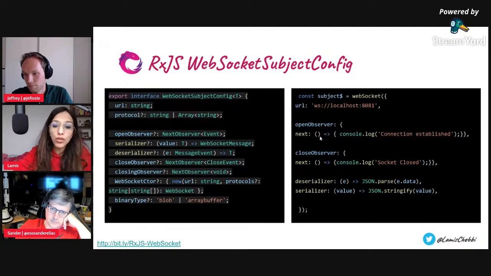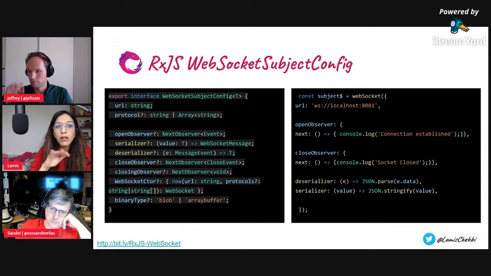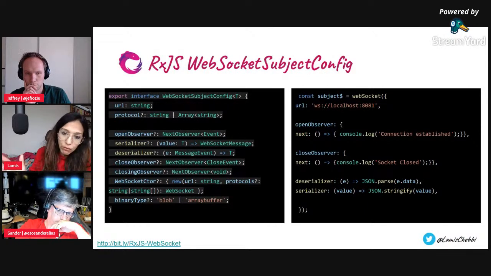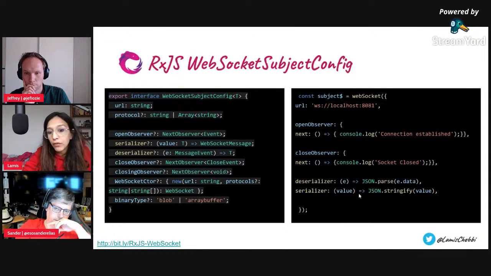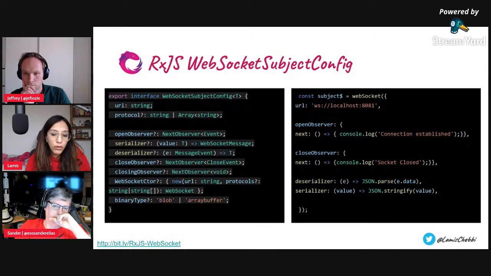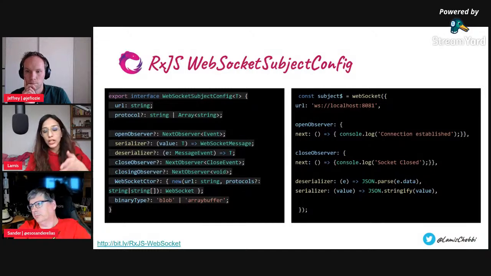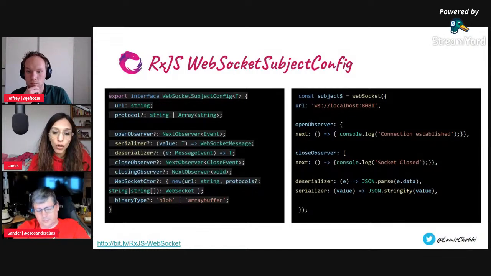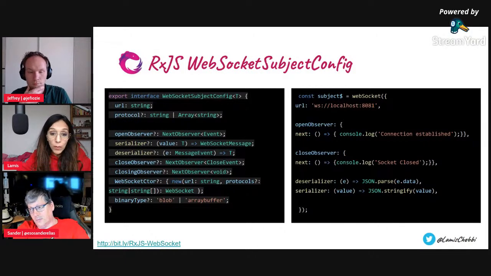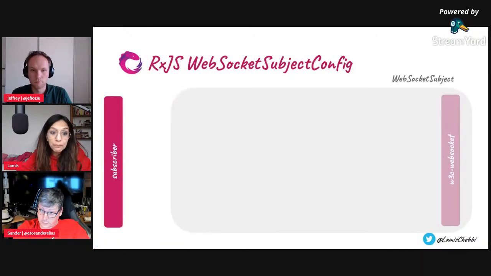Here I am intercepting the opening and the closure of the connection in order to just log connection established and socket closed. But here you can put the treatment you wish. And for the deserialization and serialization methods, I'm just putting the default functions. But again, you can put the customization you wish. So this is the RxJS WebSocket subject config capabilities.